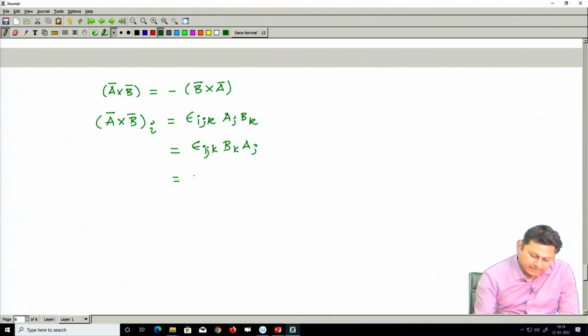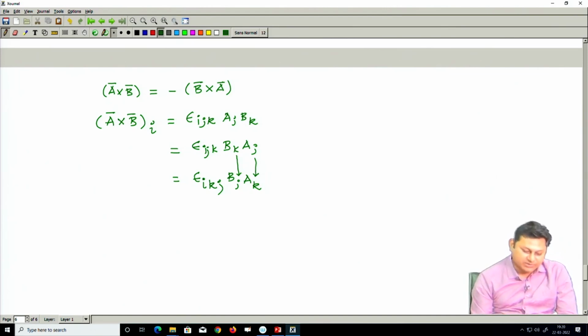If I do, then I should write epsilon i, I replace this j with k and k with j, because these are dummy indices. I can have B j and A k. Mind it, I replace j by k here and k by j here, because these are dummy indices. I can always do that interchanging.